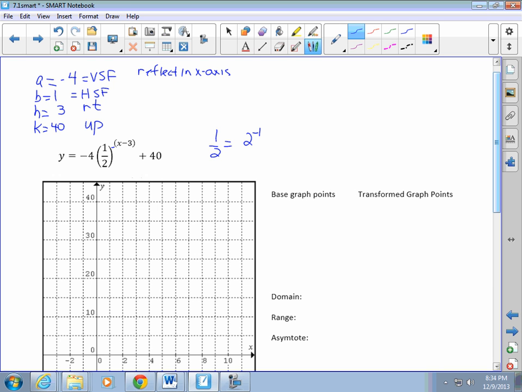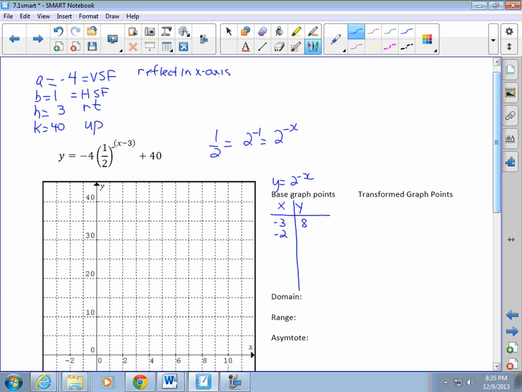So if I think of my base graph of y is equal to 2 to the power of -x, that is my base graph. So if I do my x and my y values, if x is equal to -3, then this is going to be 8.